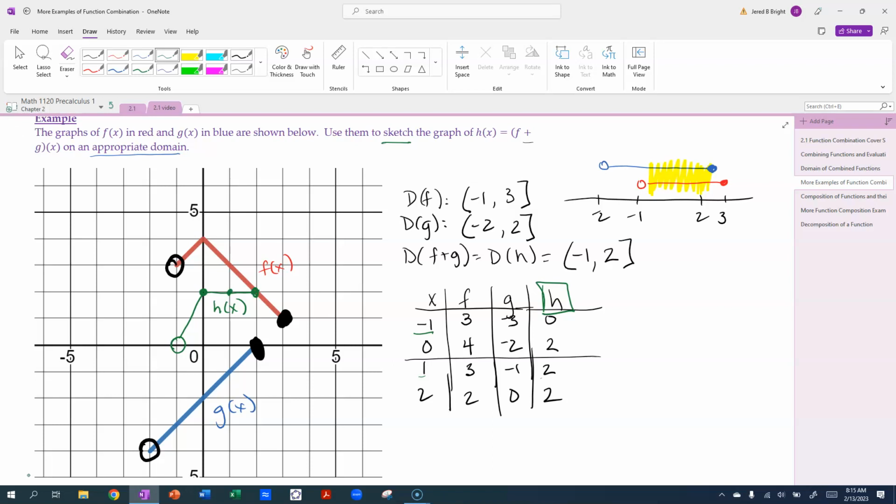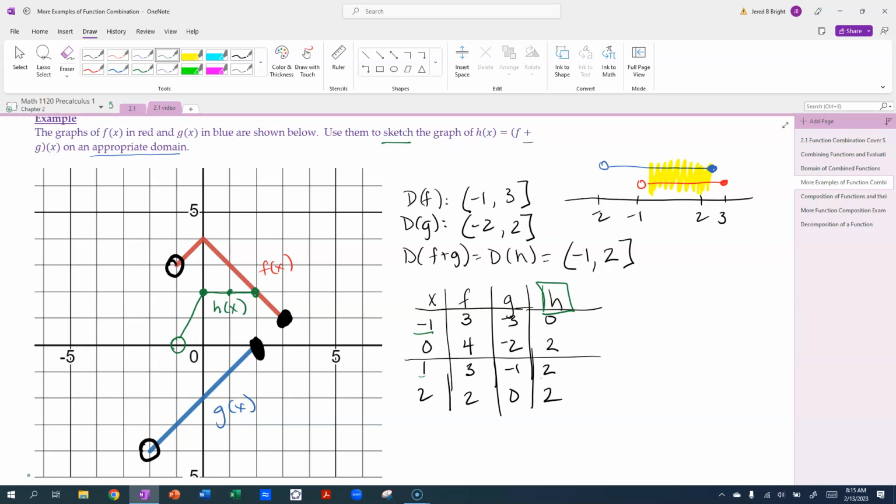I made a table of values just to organize my thoughts. Otherwise, you could have said this is +3, this is -3, I get 0. If this is at 4, this is at -2, so 4 minus 2 is 2. You can just do the mental arithmetic too, but sometimes making the table really helps organize your thoughts.